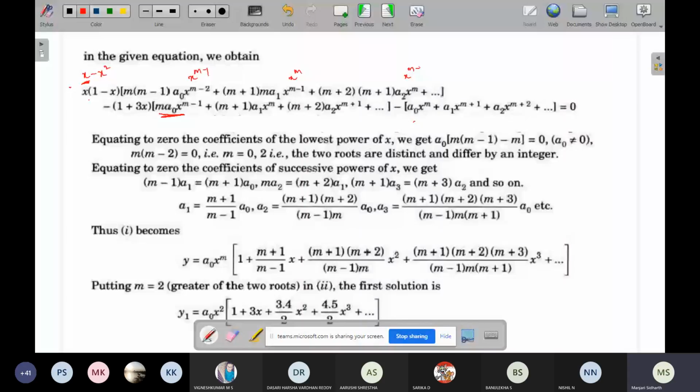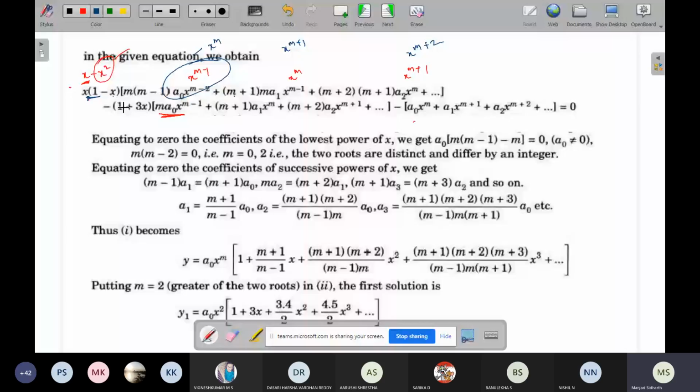When I am multiplying with x², 2 powers will increase. So x^m here, x^(m+1) here, x^(m+2) here. So far this is the lowest power of x, because when you multiply by x and by x², you get these terms. Now let's multiply by 1.